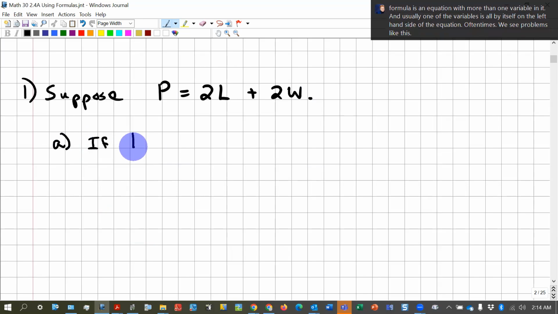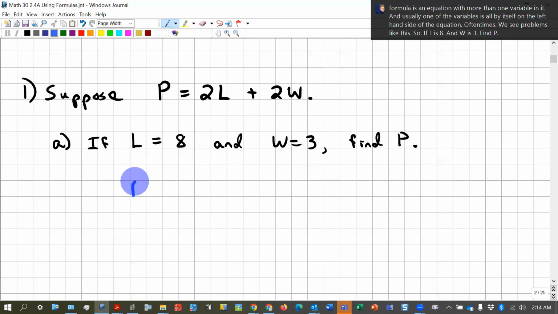So if L is 8 and W is 3, find P. So first, we're going to copy down the formula.